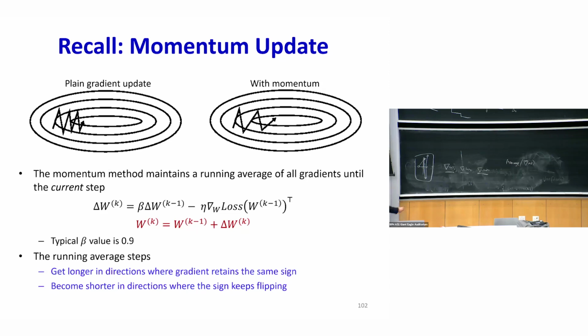I'm going to say that average K of my delta W is going to be, there are different ways of maintaining a running estimate, right? So the most standard one is going to be some alpha times the average at step K minus 1 of delta W plus 1 minus alpha times the delta W for the kth step, right?